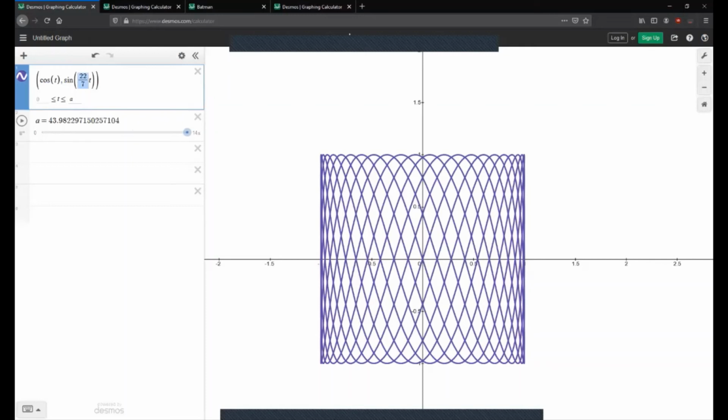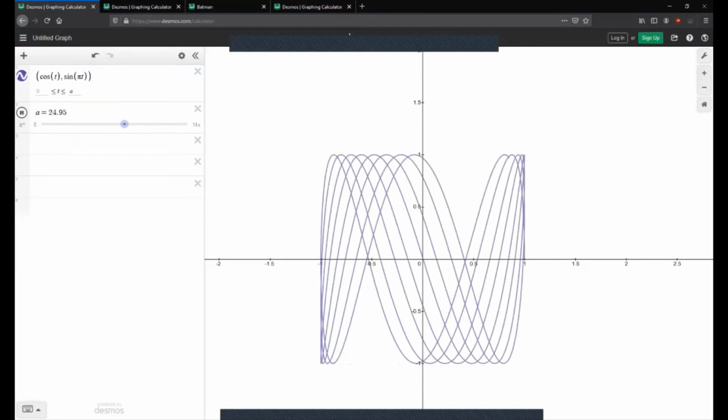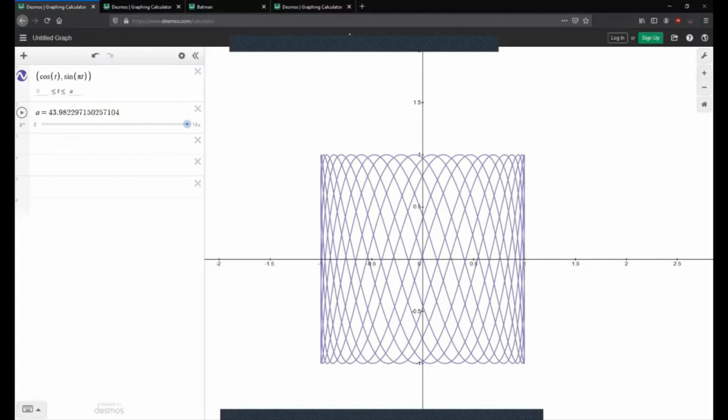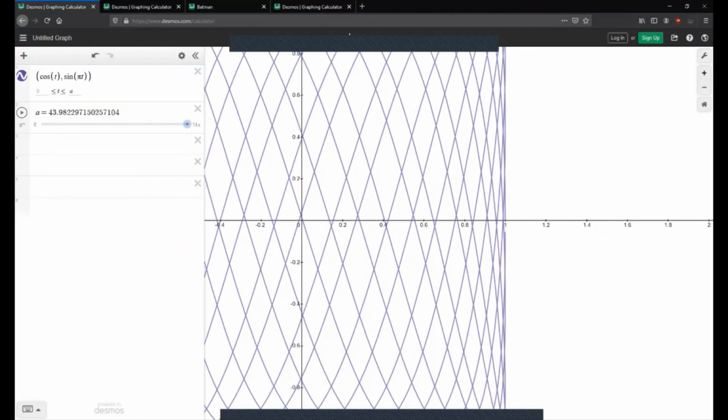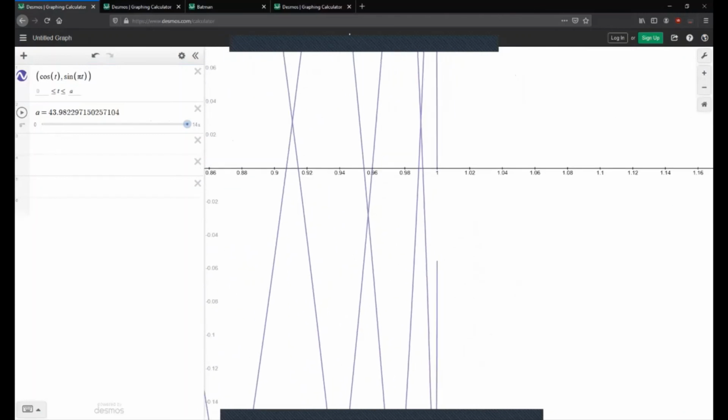But if I use a different number here, if I actually use pi, does the function line up with itself? Well, it looks similar. But if I zoom in here, it's not lining up correctly with itself.